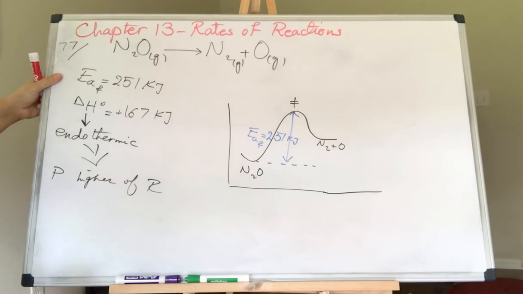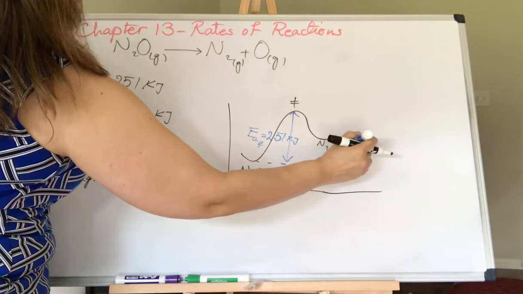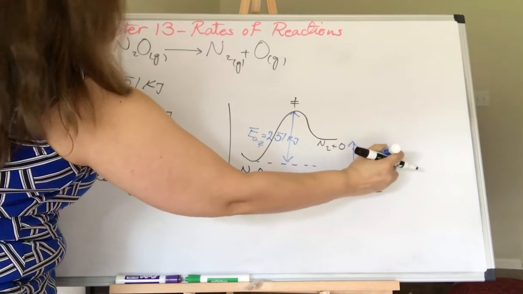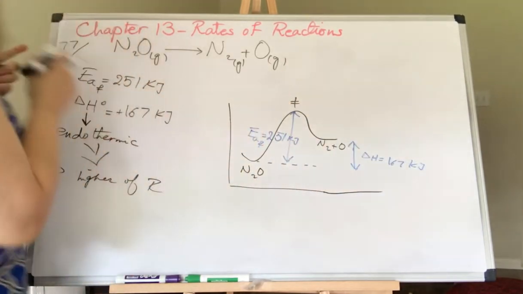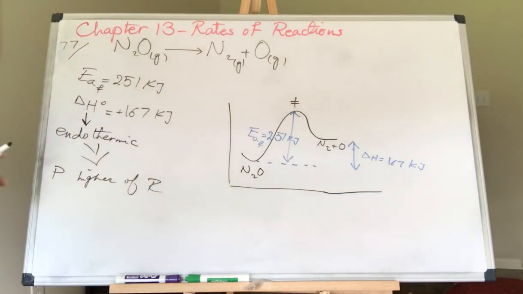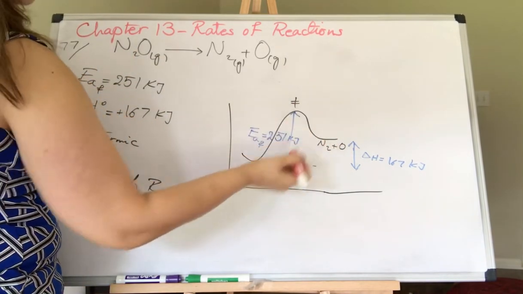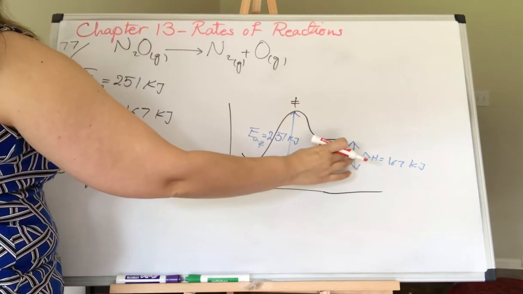Also, delta H is given. Delta H is 167. Delta H is the distance between reactants and products. So this delta H is 167 kilojoules. And the last thing asked in the question is to determine the activation energy of reverse. Which one is the activation energy of reverse? In the reverse, products become the reactants.